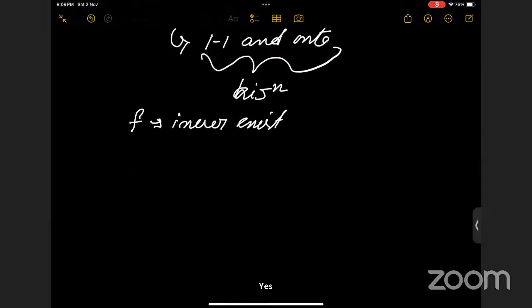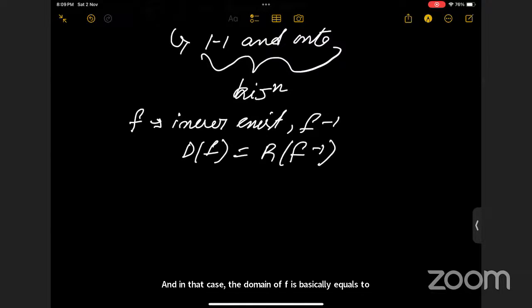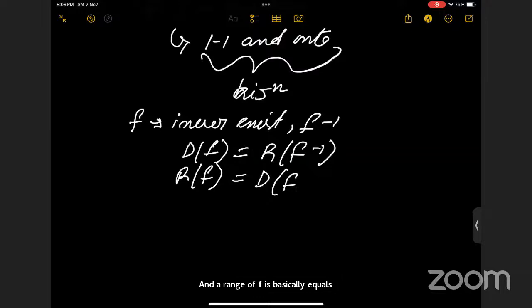So if for a function f the inverse exists, then we can denote it with f inverse. In that case, the domain of f equals the range of f inverse, and the range of f equals the domain of f inverse. If you are asked to calculate the range and domain of the inverse function, you need not calculate the inverse.